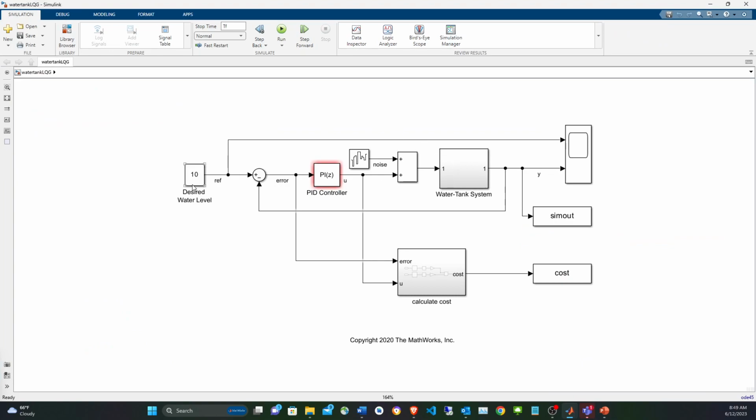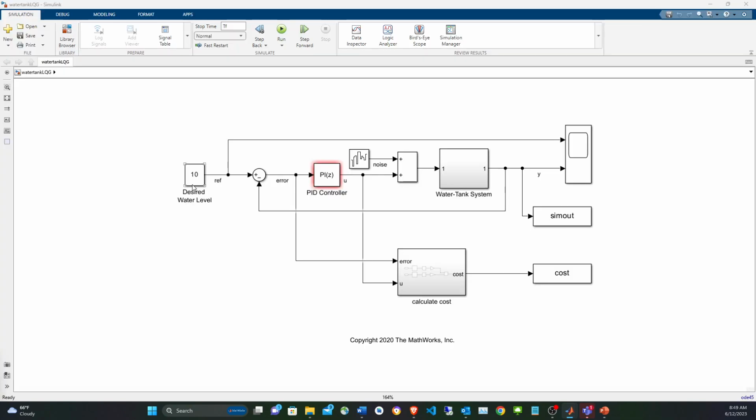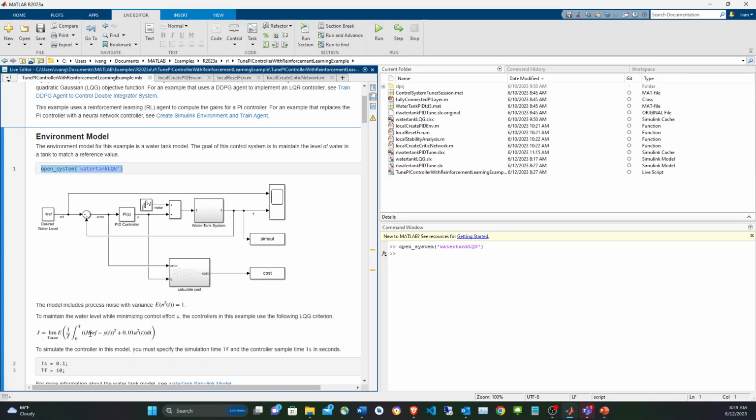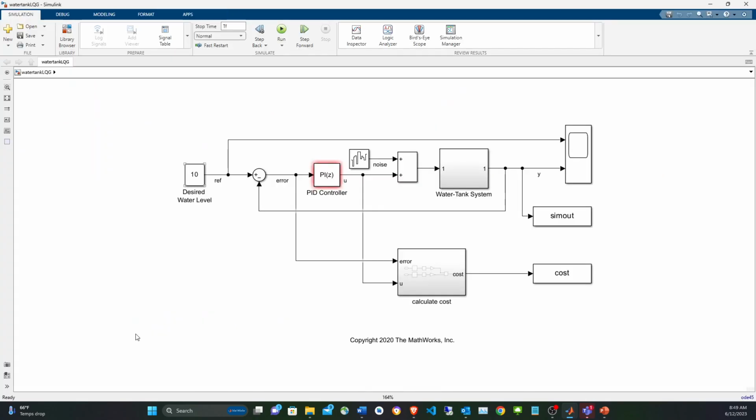So we have a desired height of the water tank, and then we're going to fill that tank. So the reward formula for that is going to be, as you can expect, the difference in height, and also we're going to add a penalty for the amount of flow. If you flow a lot of water into a tank, that's not good. The less you flow, the better.